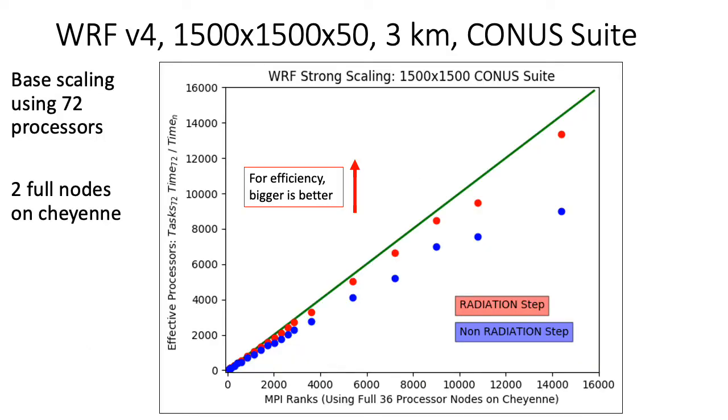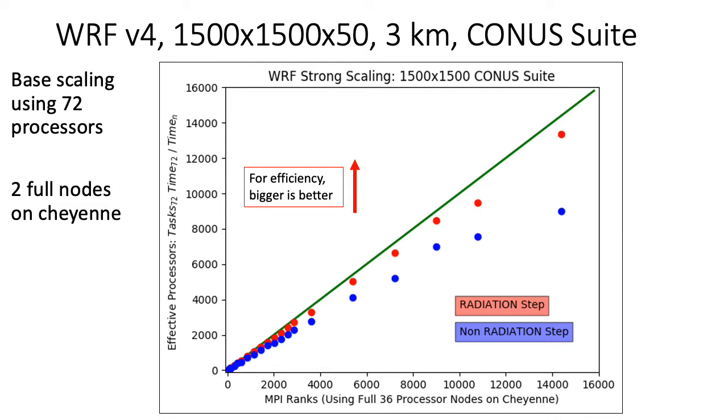In this plot, we see the same information, this idea of increasing the number of processors as you extend towards the right, but now the ordinate axis, the y-axis, is an effective number of processors used. So if we use 6,000 processors and our speedup is reflected as what would be perfectly efficient use of 6,000 processors, we would be on the green line. And typically, you would be underneath 100% efficiency.